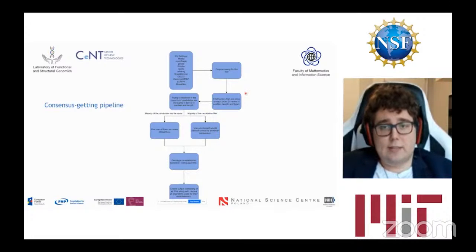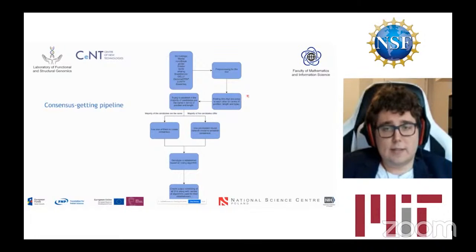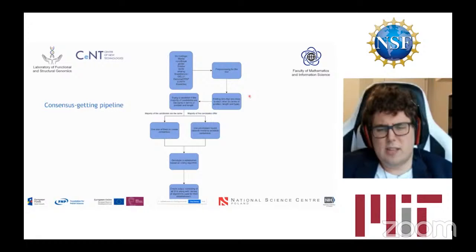Those SVs are called candidates in the next step, and we try to establish if the majority of them are the same in position and length. The software allows you to set the minimum threshold on how many candidates there should be. We usually use 3, because if a structural variant is found by 3 tools, then we consider it quite high in quality.